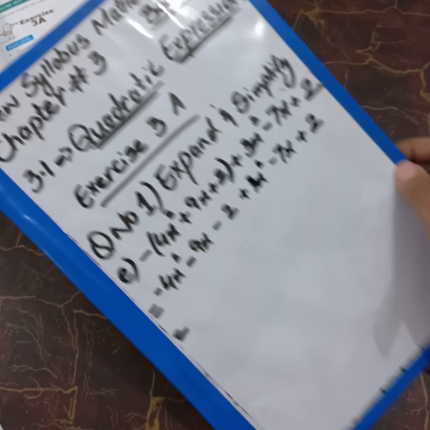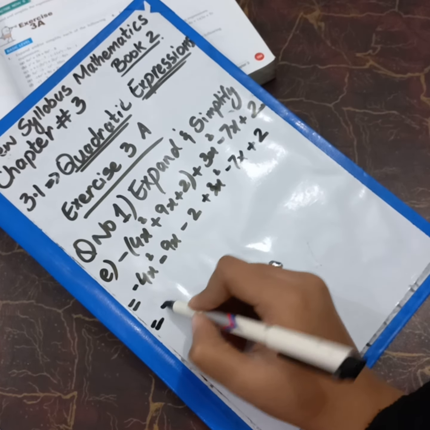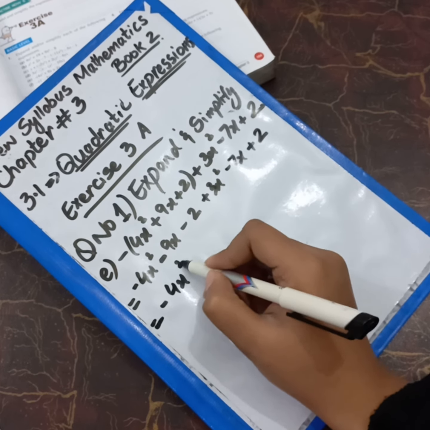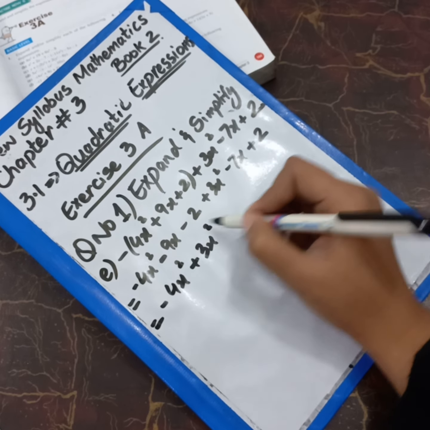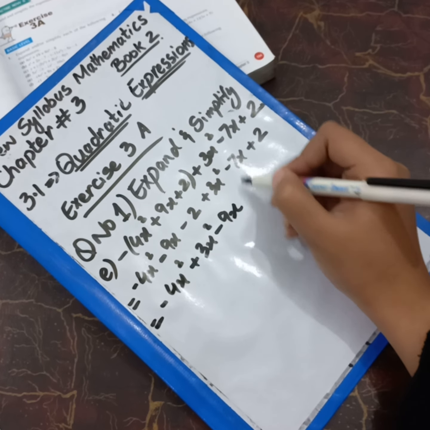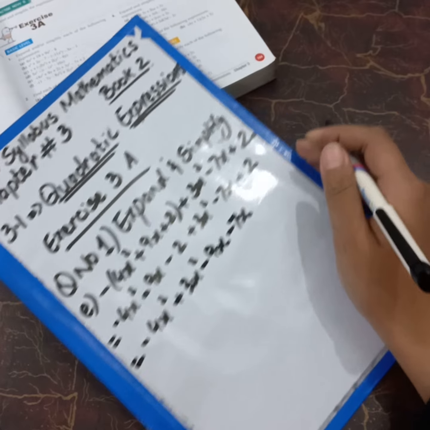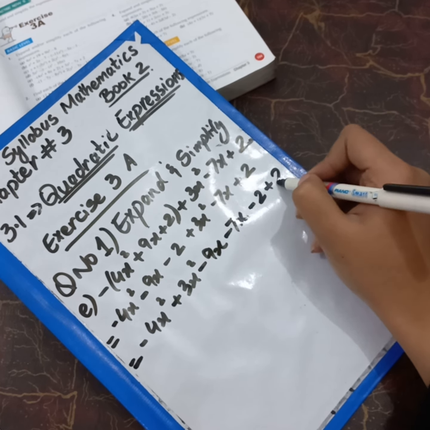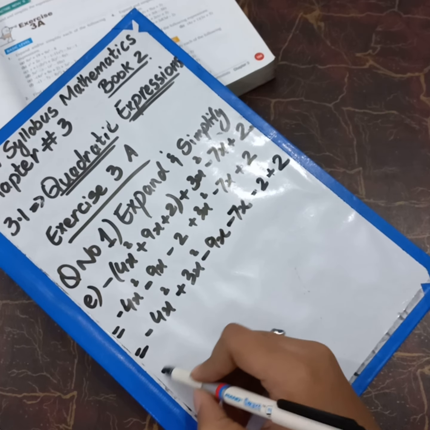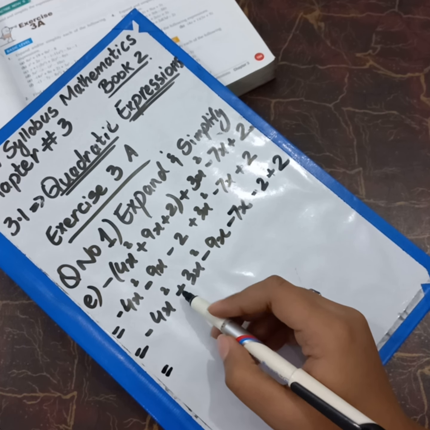Then gathering the like terms, minus 4x square plus 3x square, minus 9x. I told you I am just gathering them along with their signs. I'm not changing anything. Minus 2 plus 2. Now let's solve it. Minus plus minus.